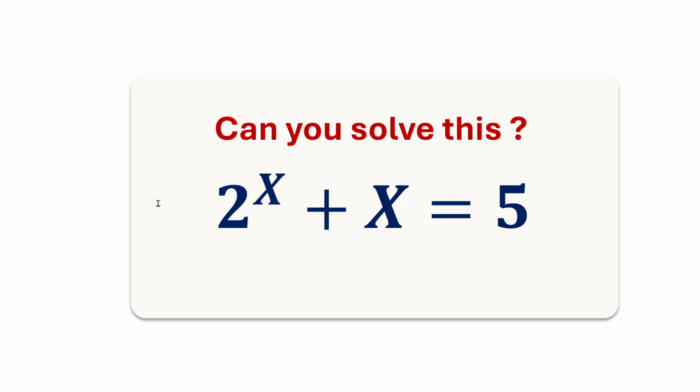However, it is more than 1.5, because if you substitute 1.5, the result is 4.328, which is less than 5, right? Now, if we substitute 2, we get 6, which is greater. So we know that the answer is more than 1.5, however, less than 2.0. So, of course, we can try 1.6, 1.7, 1.8, 1.9, right?